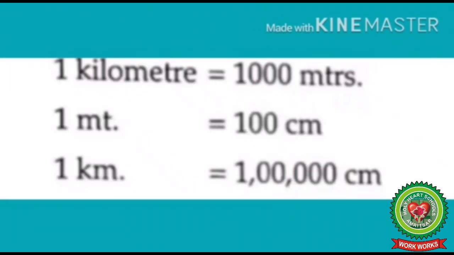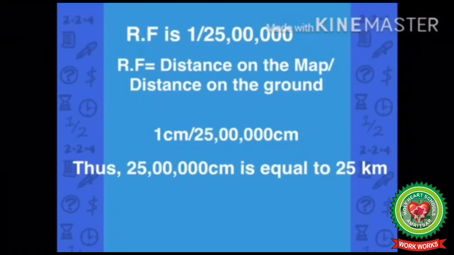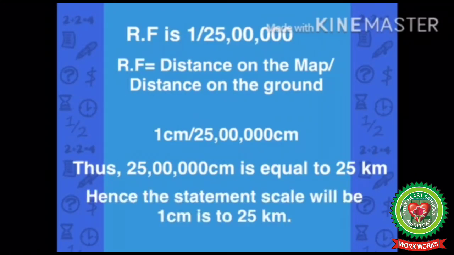So, students, it means 25 lakh centimeter is equal to 25 kilometers. Hence, the statement scale will be 1 centimeter is to 25 kilometers, or 1 centimeter ratio 25 kilometers, where 1 centimeter is map distance and 25 kilometers is the ground distance.